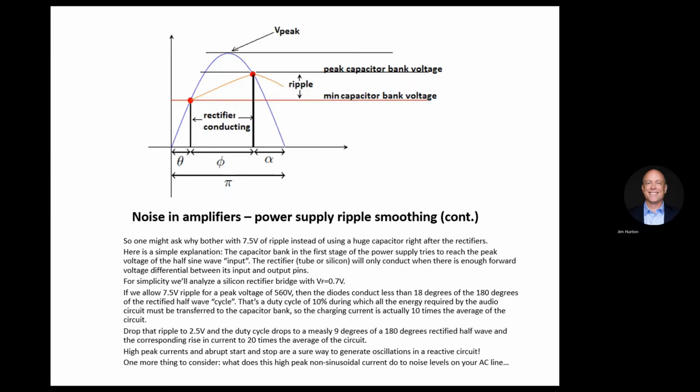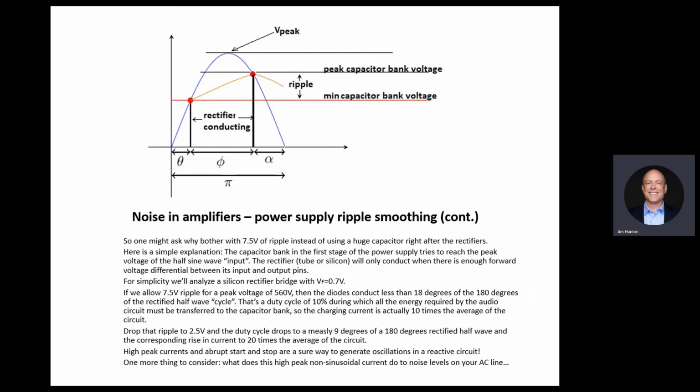So when we have a sine wave that we're rectifying, the sine wave changes from 0 volts to the peak voltage. Your capacitor bank in the power supply wants to maintain a certain voltage. If you hold this voltage fixed, that means it doesn't drop much. It stays there all the time.